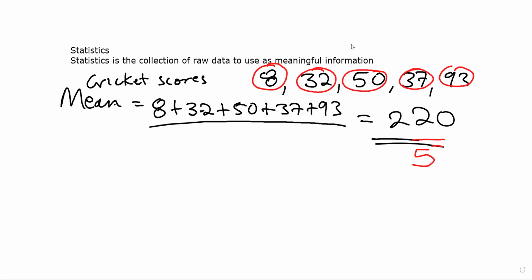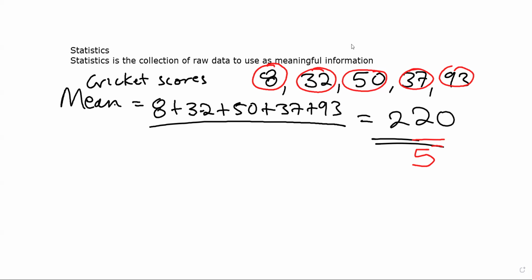Adrianique, did you finish it? Or no? Oh, you didn't. You finish it? What you got? I got 44. You still working it out? I got 44. 44.